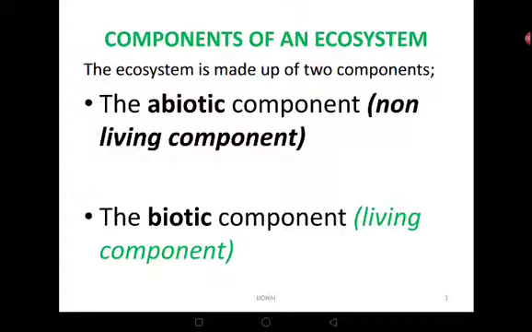For example, light, temperature, water, and the others. And this of course have an impact. They contribute to the survival of the living things. So in this lesson, we shall expound more on the living and the non-living component of the ecosystem.